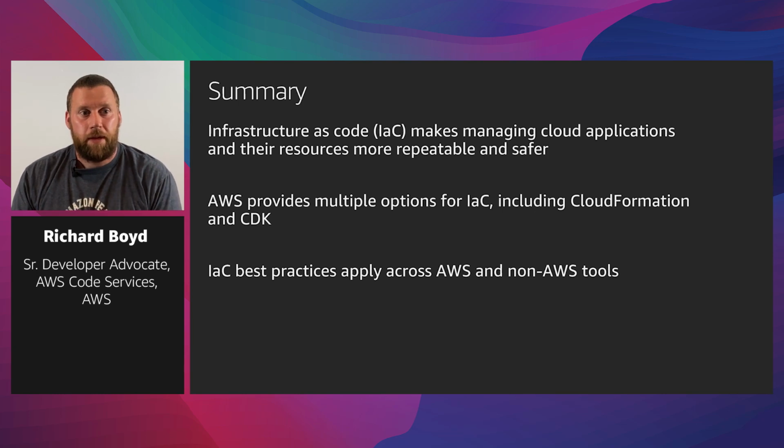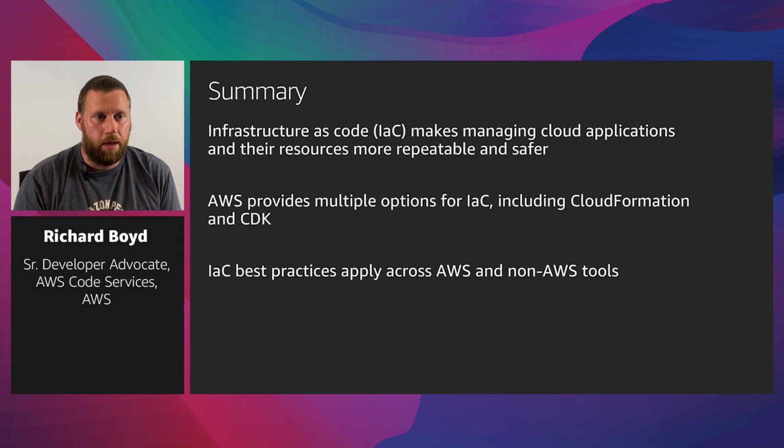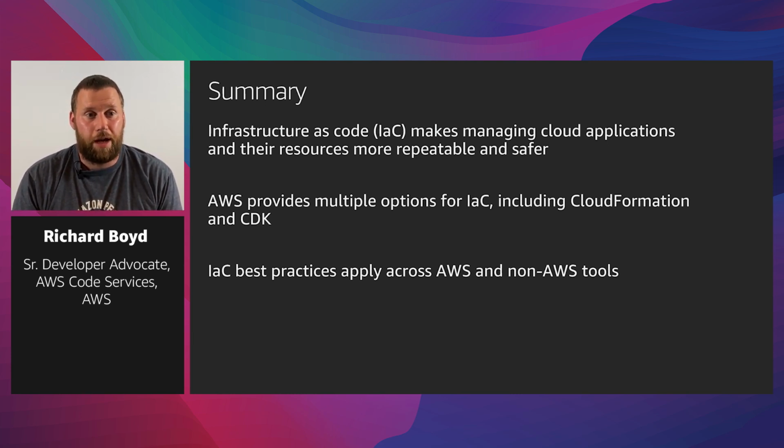So in summary, infrastructure as code makes managing cloud applications and resources more repeatable and safer because it's checked into a version control system that you can roll back to a previous version if you need to. AWS provides multiple options for infrastructure as code, including CloudFormation and CDK. And IaC best practices can apply across AWS and non-AWS tools.